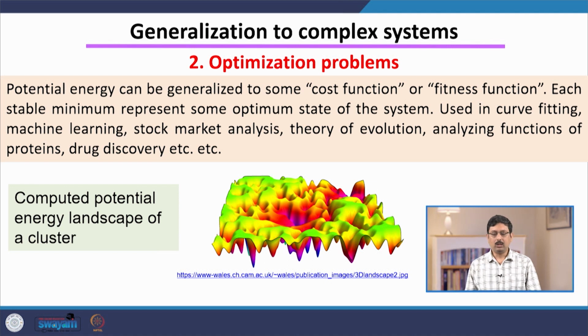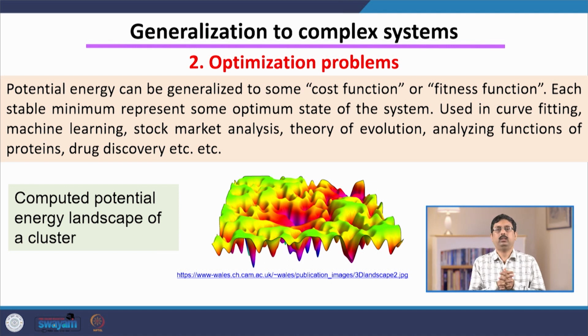Now, even more generally nowadays, some of you will be interested in going into machine learning, in different problems that involve machine learning, which are technically called optimization problems. So, we can even generalize from the potential energy to something called a cost function.